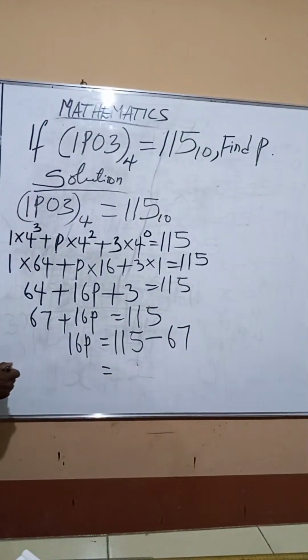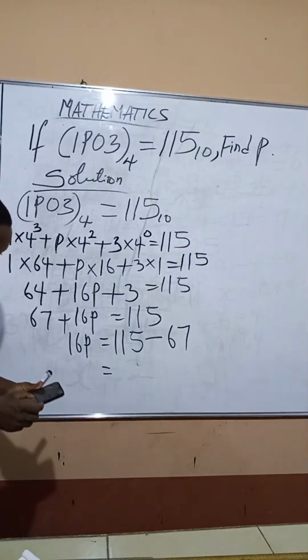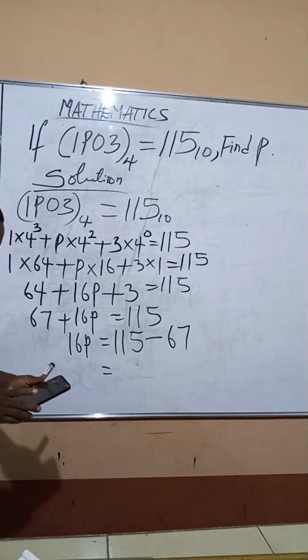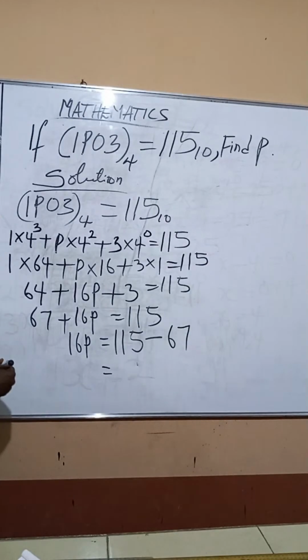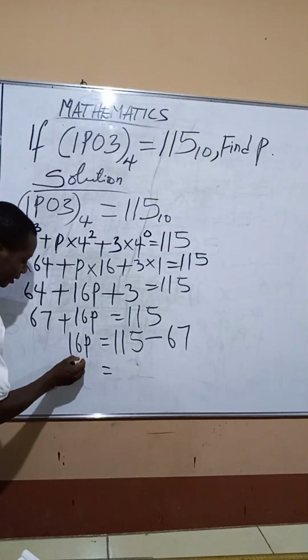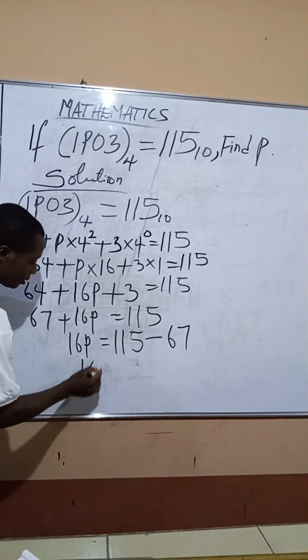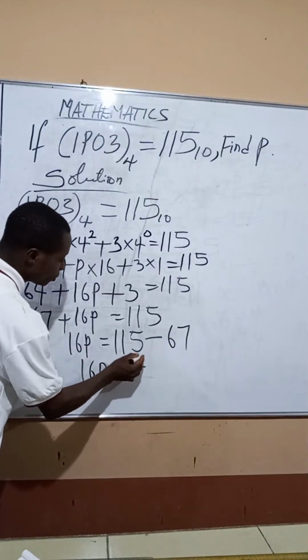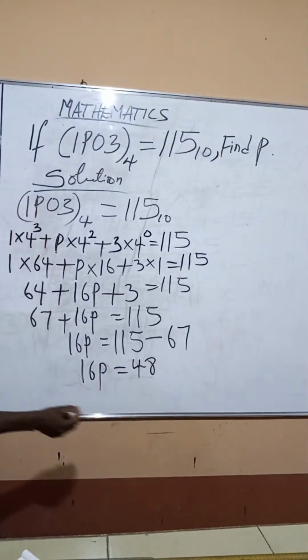So we can do the subtraction: 115 minus 67, we have 48. So it means that 16p, which is what we have here, equals 48.